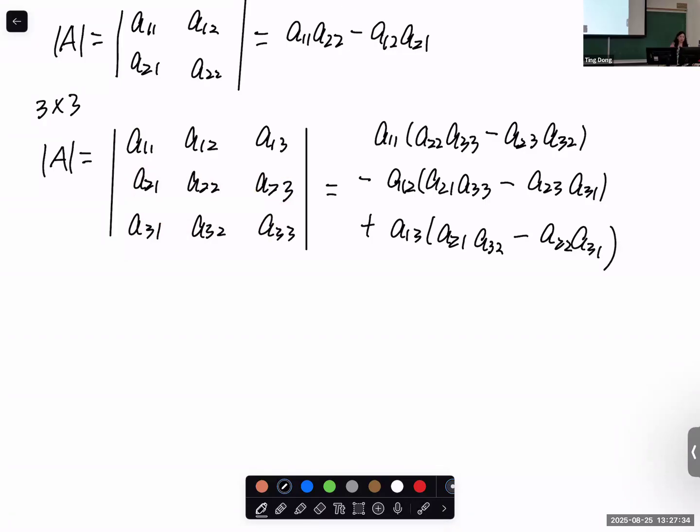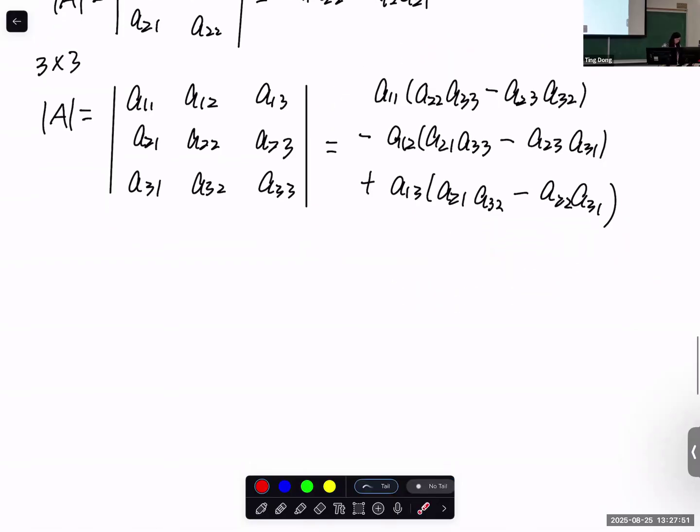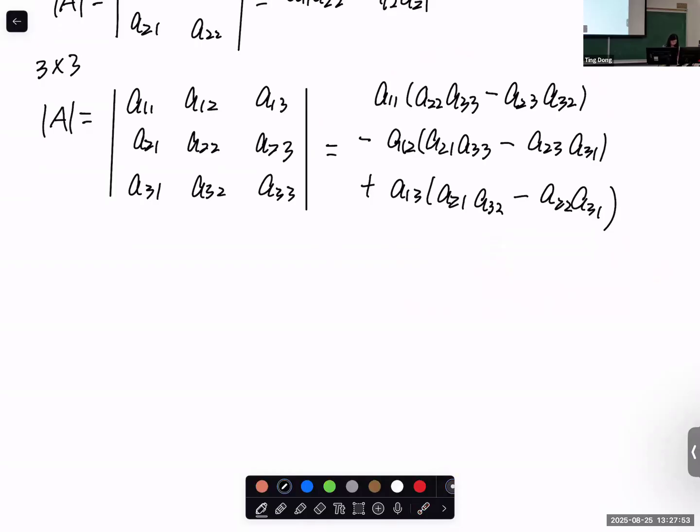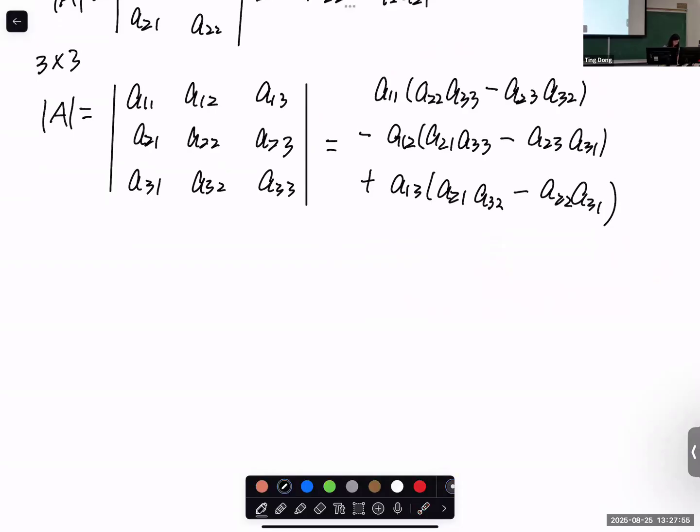Of course, you don't need to memorize anything. If I need you to solve 3 by 3, I mean, after applying boundary conditions, if you need to solve a 3 by 3 matrix equation, I will provide this one. You don't need to memorize anything. And of course, if the determinant of any matrix equals 0, the matrix is singular.